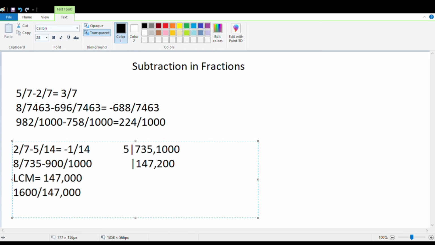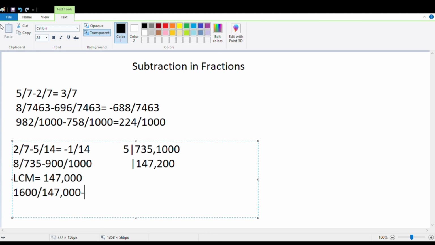which is subtracted by 900. So what times 1,000 will equal 147,000? You guessed it, 147.